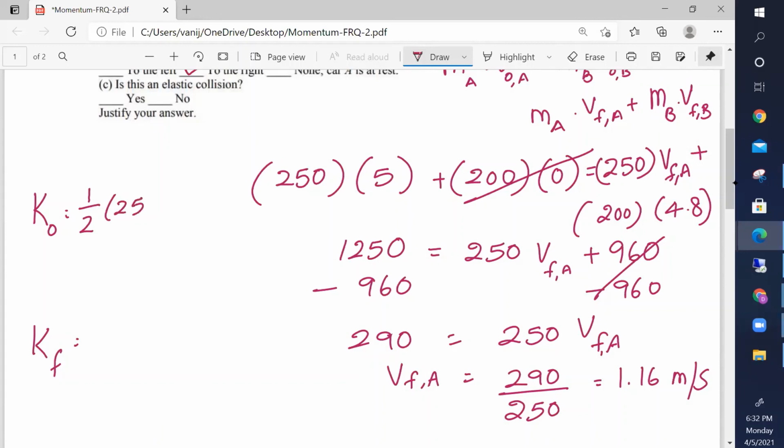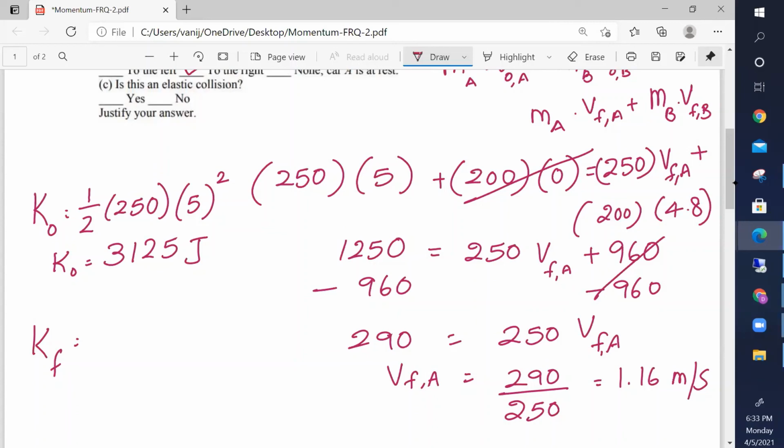That is 1/2 mv squared, and the velocity is 5, so 5 squared is 25, times 250 divided by 2. 3,125 joules. This is the initial kinetic energy of both the cars together before collision, right?